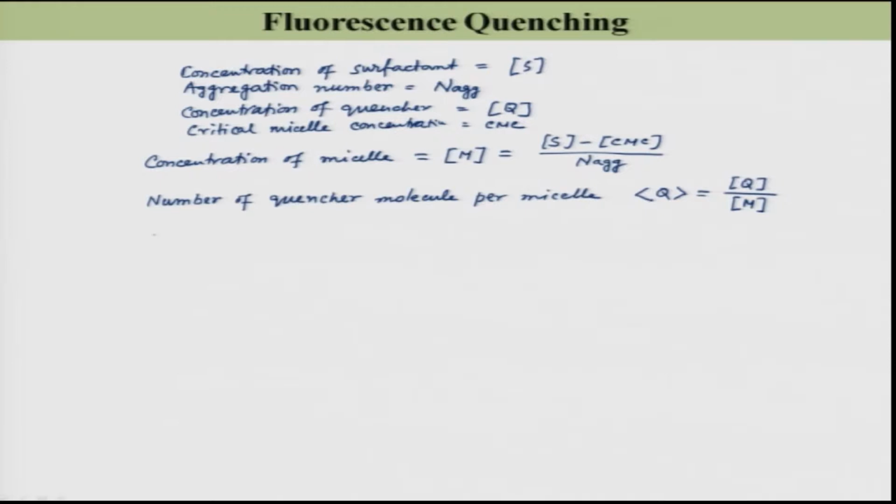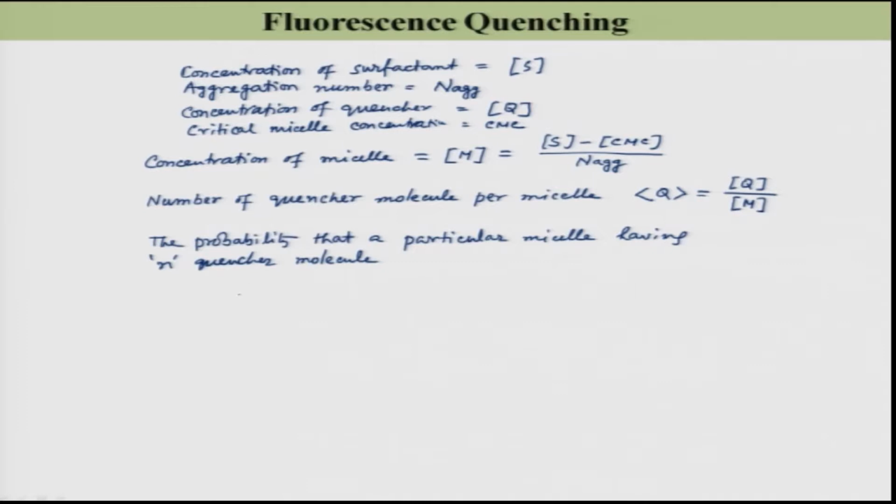And I know how to write this probability. So, let me write the probability that a particular micelle has n quencher molecules.